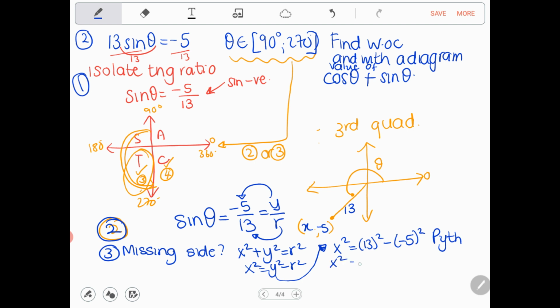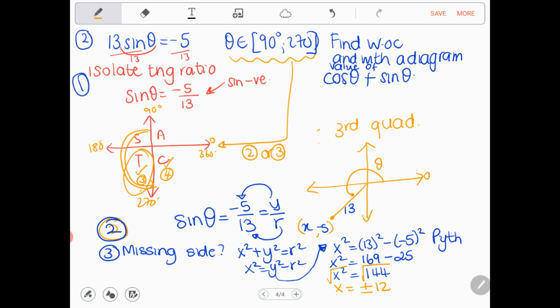Okay, again, this is one of your Pythagorean triples, but if you don't know that, you would square everything, subtract them. Now we're going to square root both sides. And remember, x and y can be positive or negative, so we've got to check which one we need.